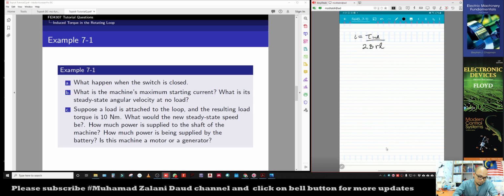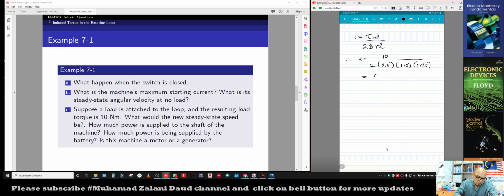Okay, so therefore we can substitute all of the values that we have. The torque induced now equals the torque of the load, which is 10 Newton meter. Then again, substitute all of the values that we have until we get the answer.